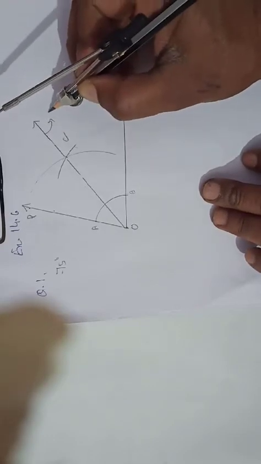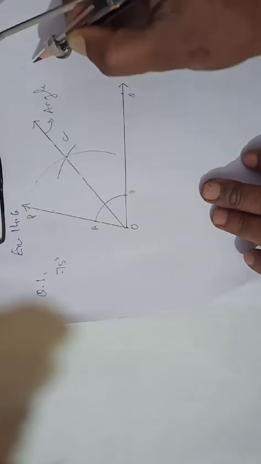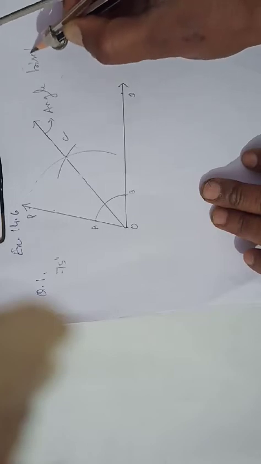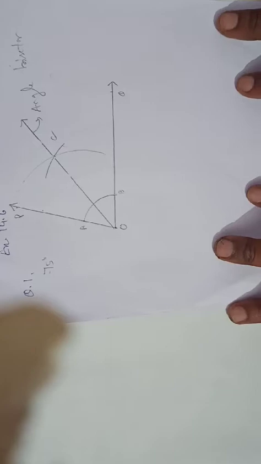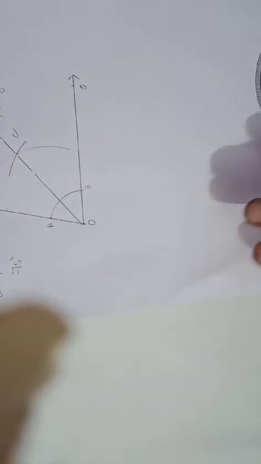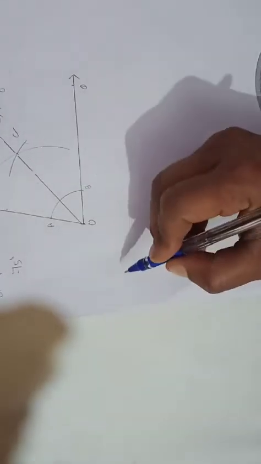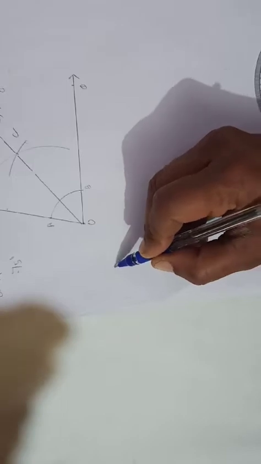This is the angle bisector. Okay, so this is how to draw the angle bisector. In the next question again we will do the same. The repetition will be there.